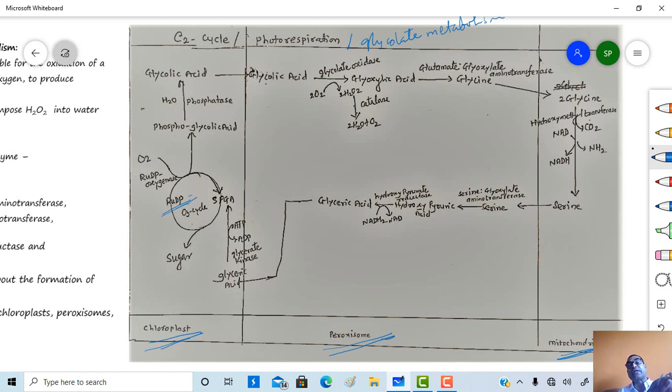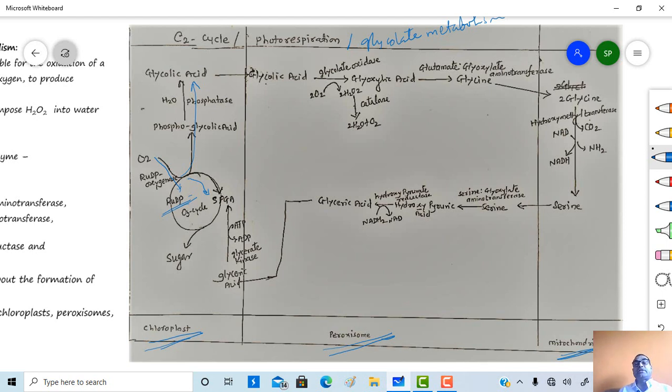So instead of fixing the carbon dioxide, this RUDP oxygenase enzyme fixes the atmospheric oxygen, and it produces glycolic acid on one side and phosphoglyceric acid on another side.